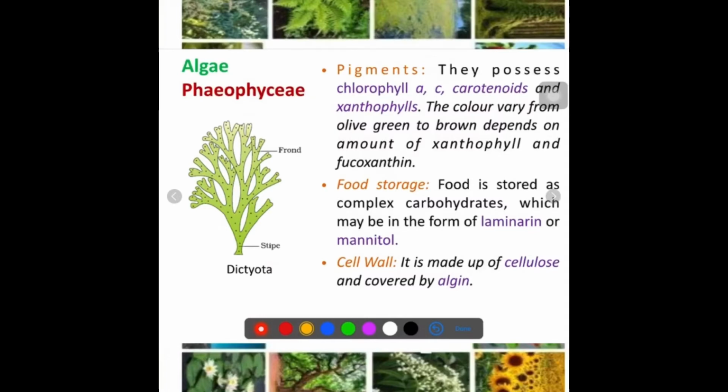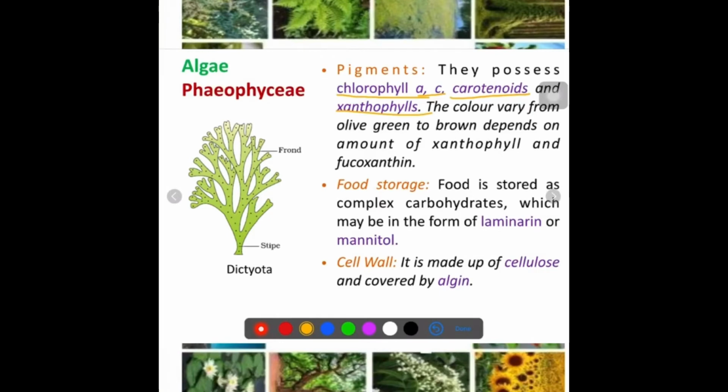Here, which pigments are present? You know that in green algae, chlorophyll A and chlorophyll B are present. In brown algae, or Phaeophyceae, the pigments present are chlorophyll A, chlorophyll C, carotenoids, and xanthophyll. So these four pigments can be found in Phaeophyceae.